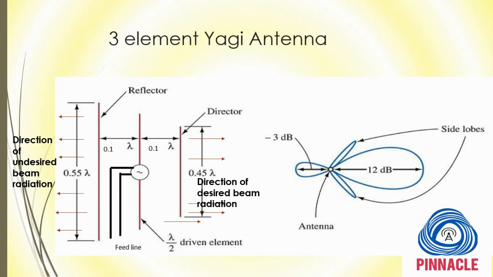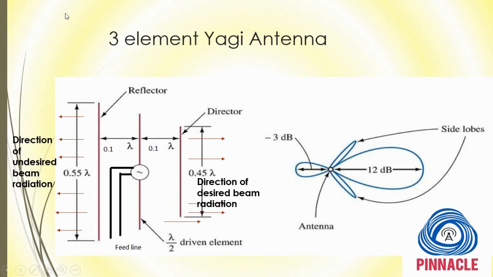A properly spaced dipole shorter than lambda by 2 acts as a director, adding to the field of the driven element in the direction away from the driven element. If more than one director is used, then each director will excite the next. On the other hand, an element equal to or greater than lambda by 2 acts as a reflector and adds up the field of the driven element in the direction from reflector to driven element.